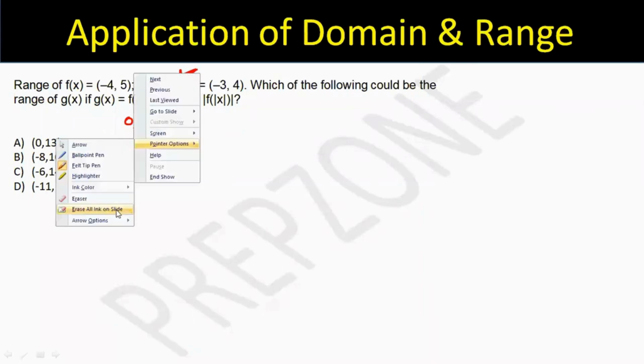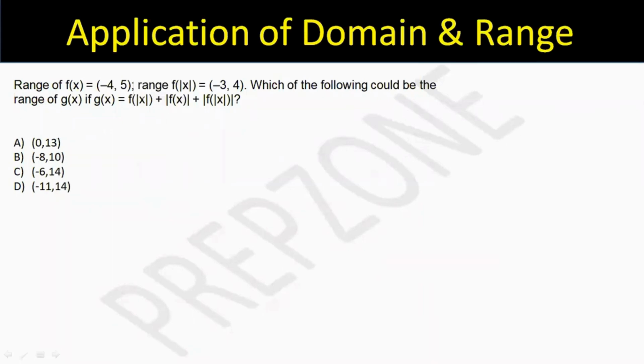Soumya, try again. Okay. So the range would be -3 to 4 here. And mod of f of x would be. Speak it out, Soumya. 0 to 5. How are you thinking?